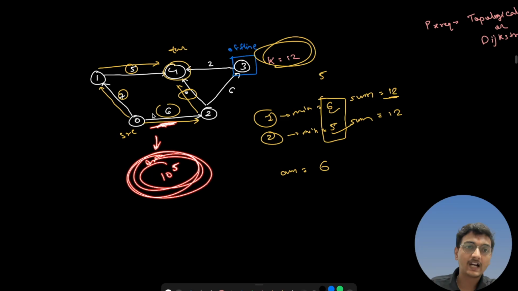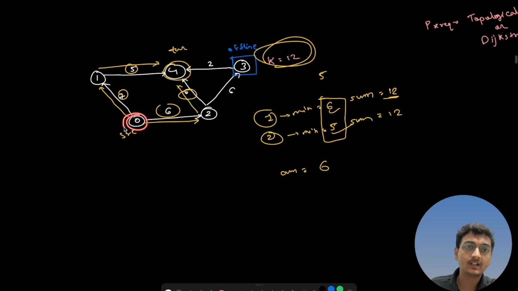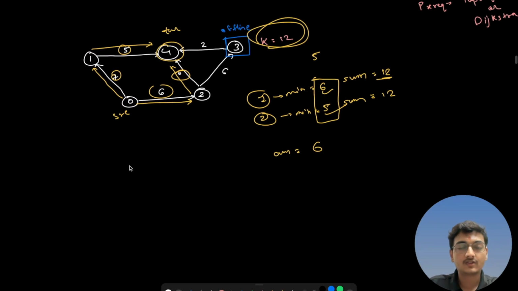First I tried the brute force approach using DFS. I was trying to go to every path and keep track of the minimum. And if that minimum satisfied the condition of the sum with k, then I was going with it. But this will not work. So how can we solve this problem?